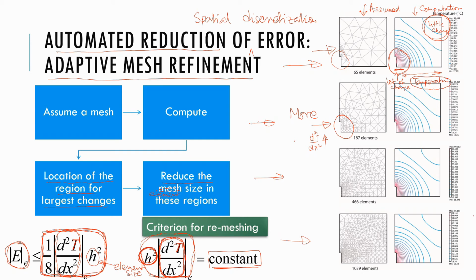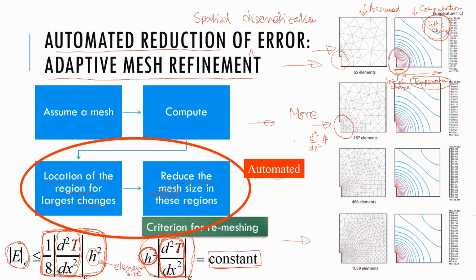But the most interesting part of this is that this whole process can be automated based on the discussion I just had. You can program the computer to follow this logic, calculate this quantity, and then decide h based on this relation. So h square is some constant divided by d square T dx square.